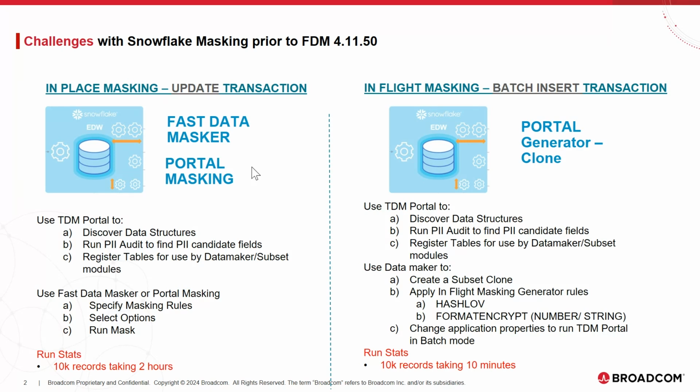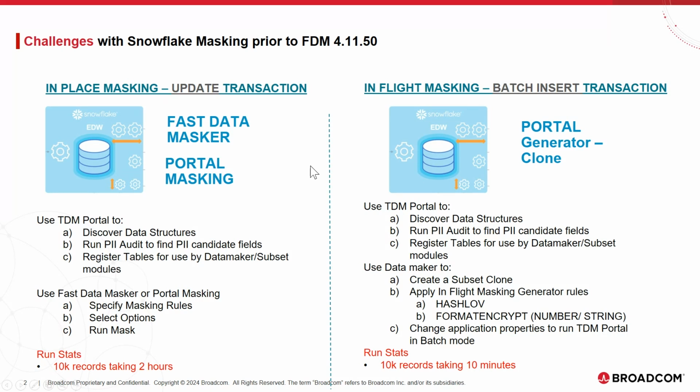As a result, when we were using TDM prior to 4.11.50 to perform masking, the update transaction based FTM masking used to take almost 2 hours to mask 10K records, which was of course very, very slow.